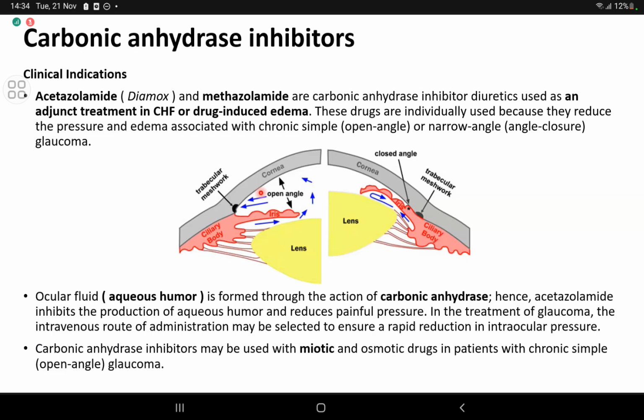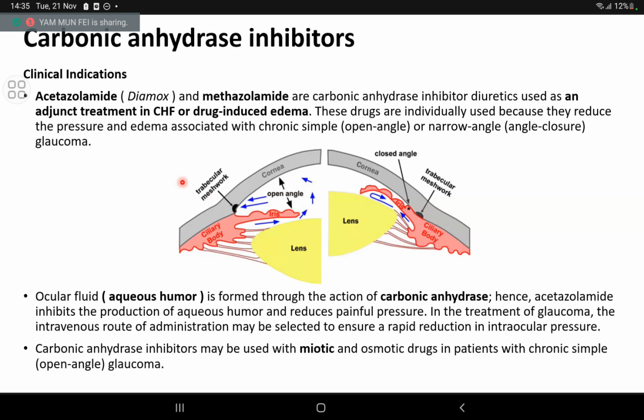But in normal conditions, this aqueous humor is going to drain out through the trabecular meshwork, enter this location, and then be excreted out.